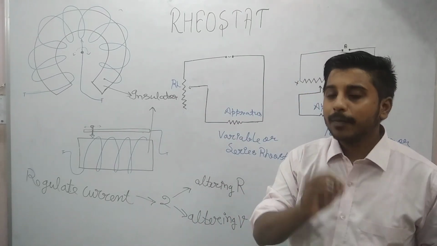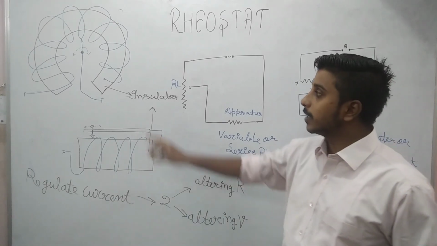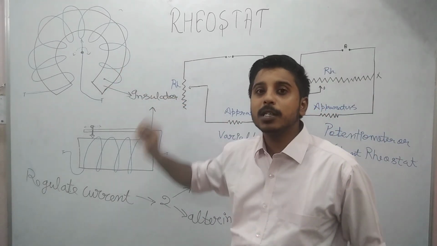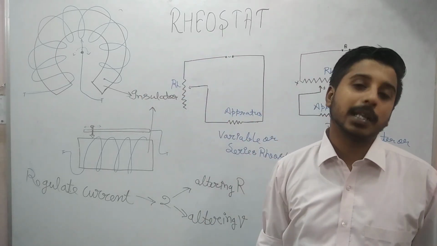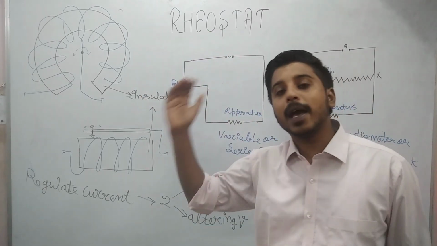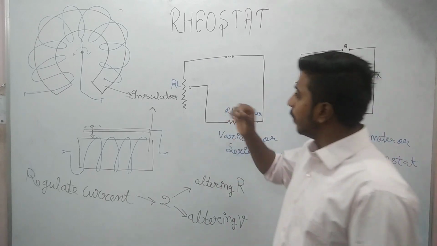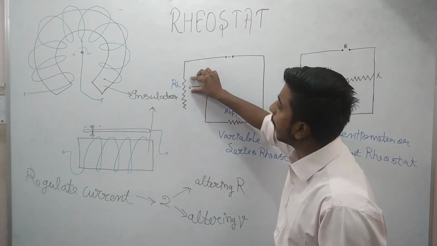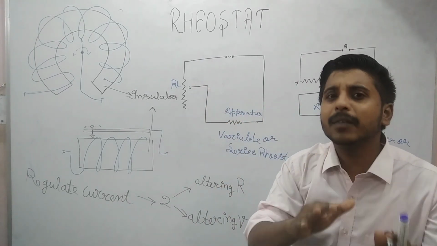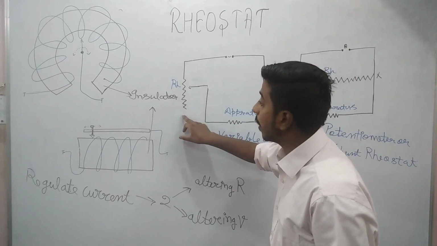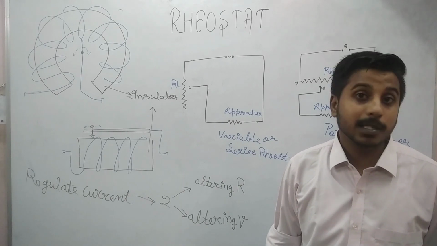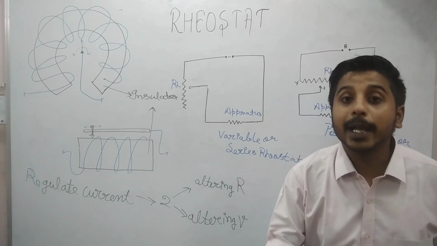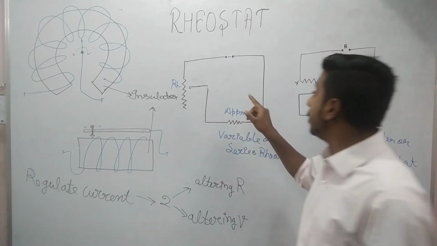One thing which I forgot to tell you is that the wire which is used in the construction of rheostat has a very high resistance. Resistance is very large. So if I use this part of rheostat, there will be relatively less resistance, while if I use up to this part, that is the whole rheostat, the resistance will be very high and current will be minimal.